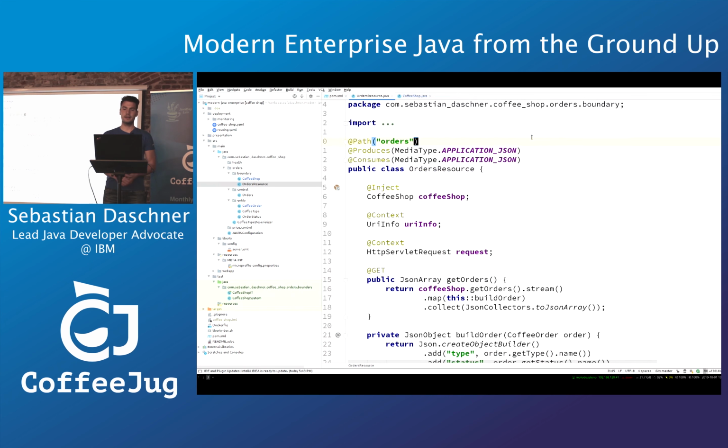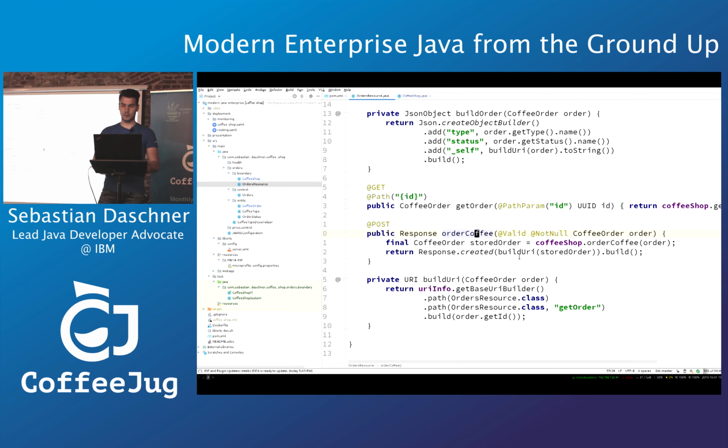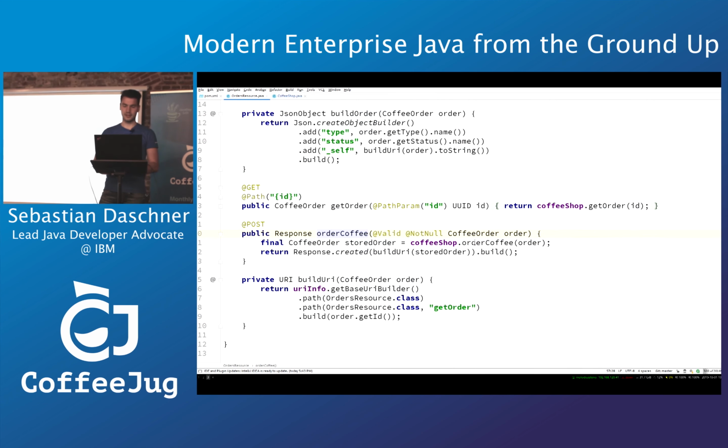So I have something like a URL /orders where I can see the coffee orders, right? This is a JAX-RS resource. If you're into the Spring world, this is very much like a Spring REST controller. So at path orders, I have this URL where I can get some orders in JSON, or I can create some orders by ordering some coffee, right?